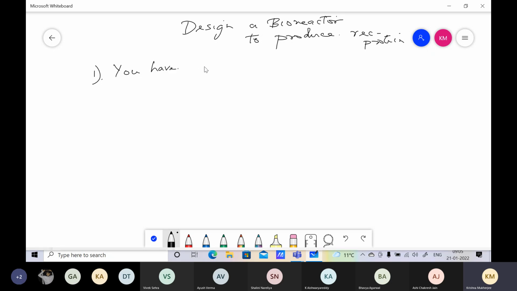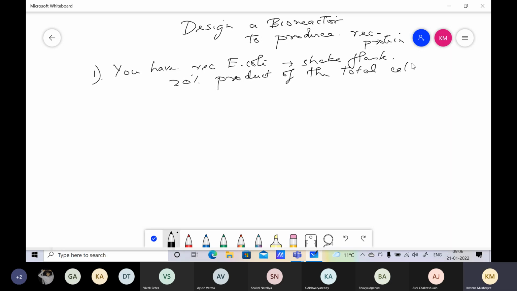You have inserted a plasmid in a bacteria, E. coli, a recombinant E. coli strain, which in shake flask produces 20% product, which is the protein of interest, 20% of the total cellular protein.